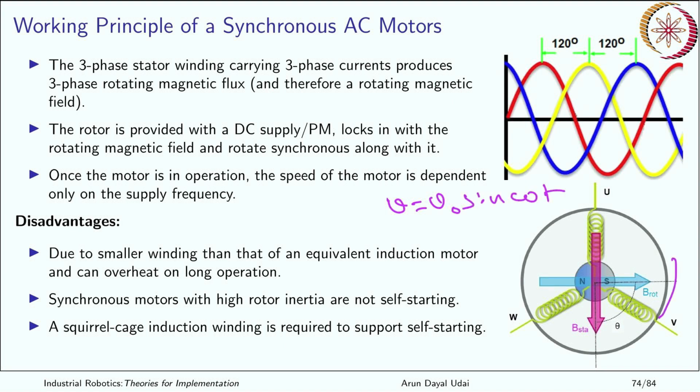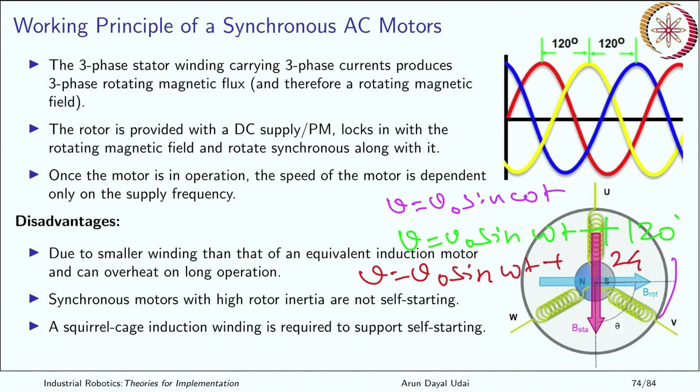The next one will have a voltage V equals V0 sine omega t plus 120 degrees. The third one will have V equals V0 sine omega t plus 240 degrees. Got it? So all the phases are there.